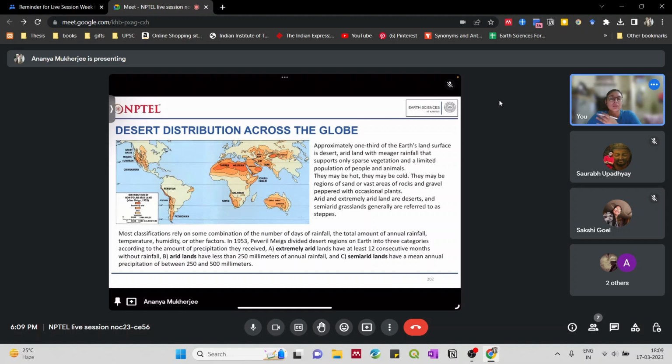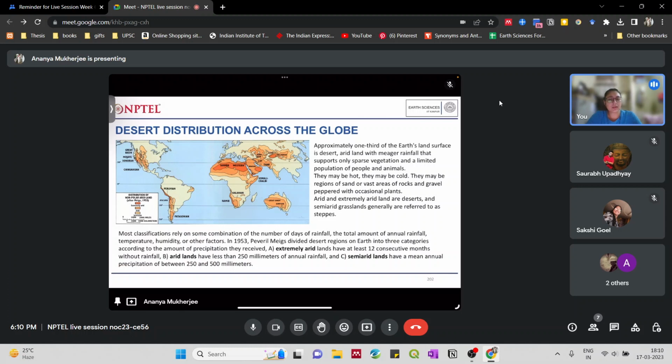Usually deserts are formed where you have very low rainfall. These are arid areas. They cannot support vegetation, and also the population of living beings, like humans and animals, is very low in deserts, because of the inherent dry and hot climate that is prevalent in such areas.